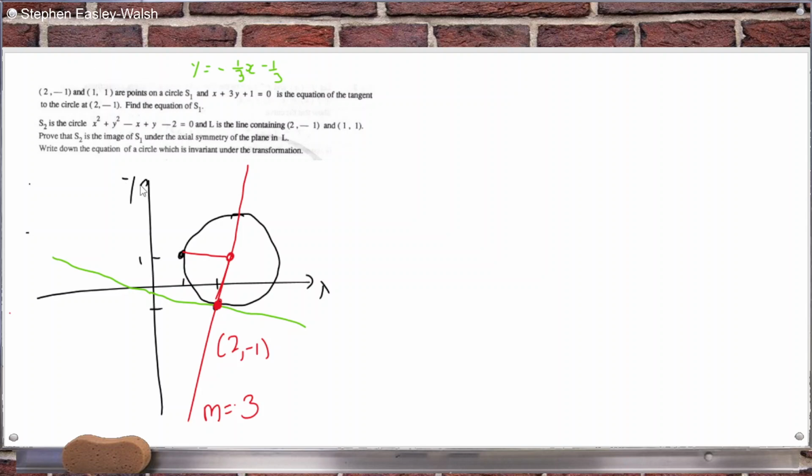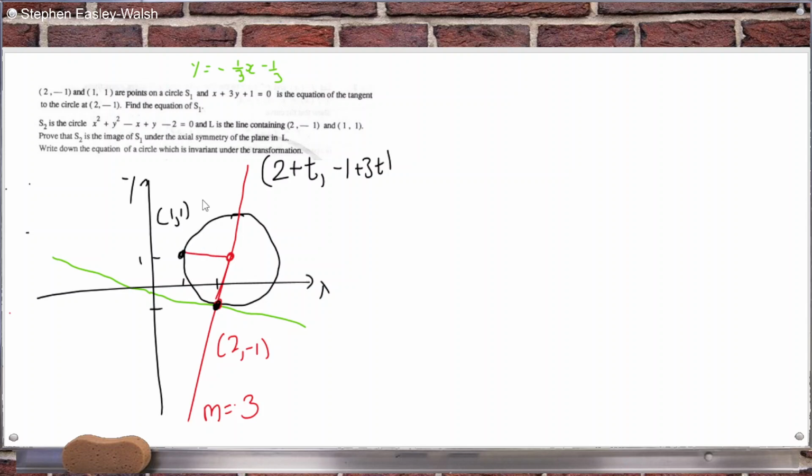Okay, so this line could be represented as 2 plus, you move 1 unit to the right and you go up 3 units. And then this point here is 1, 1.